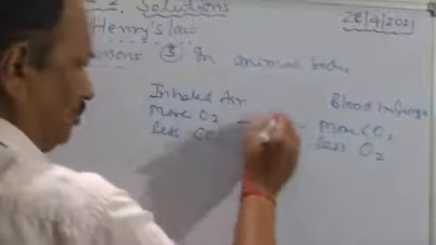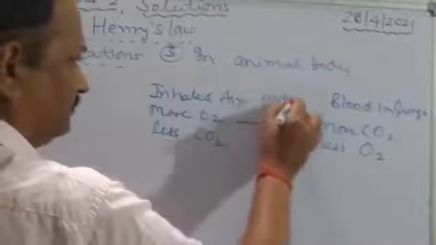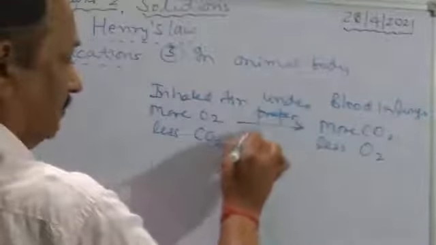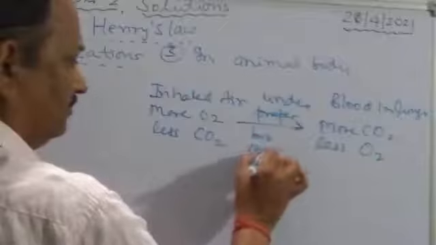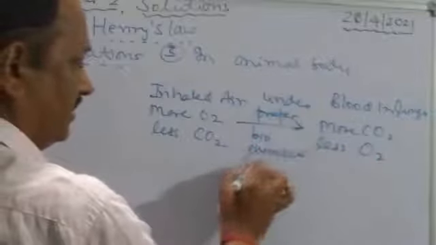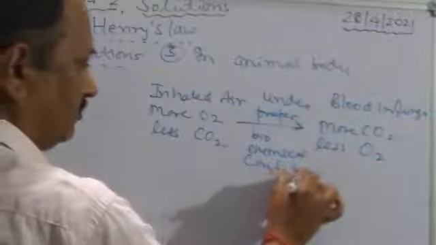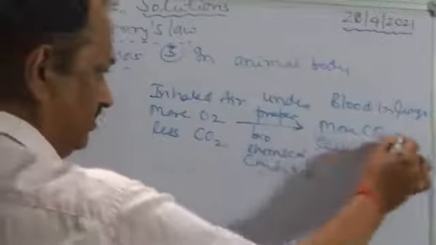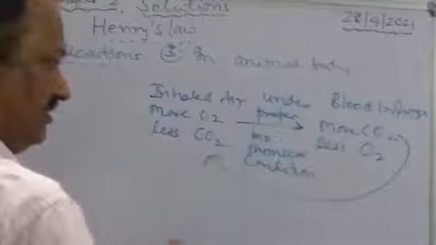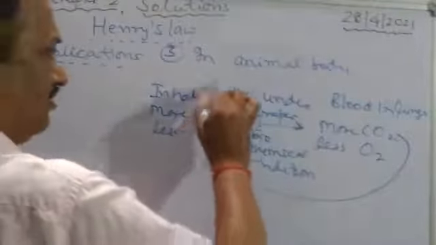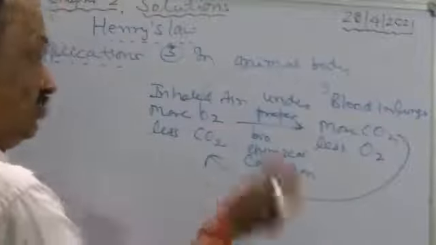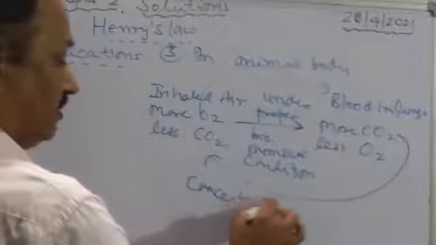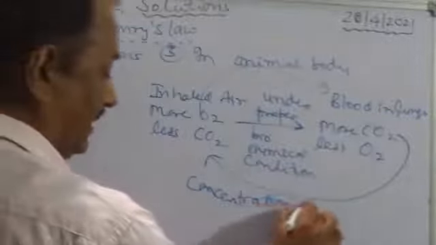So under proper biochemical conditions, this CO2 is given out, and this oxygen is given, and this is due to the concentration gradient.